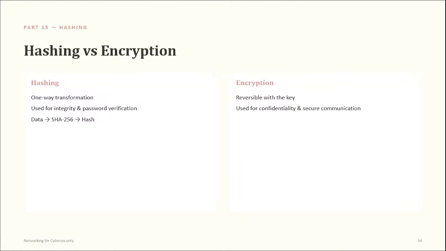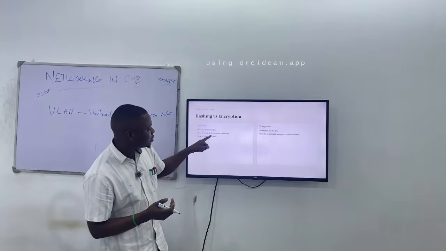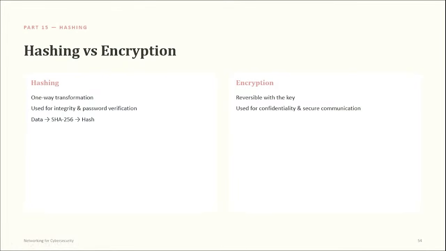That's a perfect example of hashing. Hashing is a one-way transformation, used for integrity and password verification. Once data is passed through the hash function, it becomes what we call a hash, which is a string of values. Is it clear?